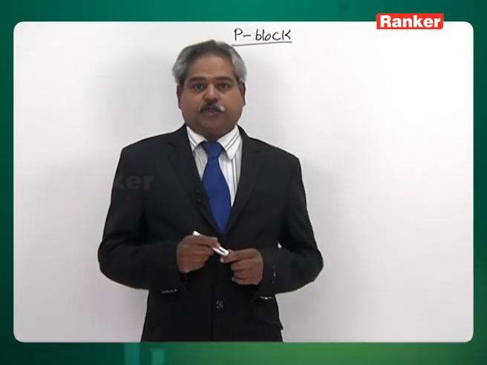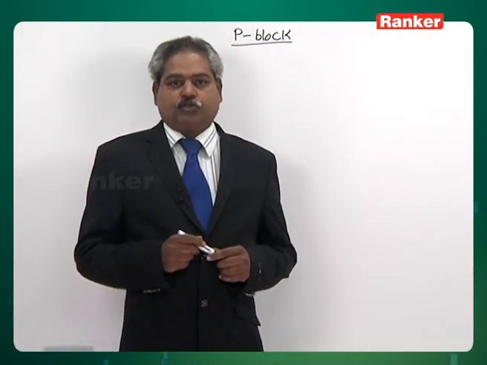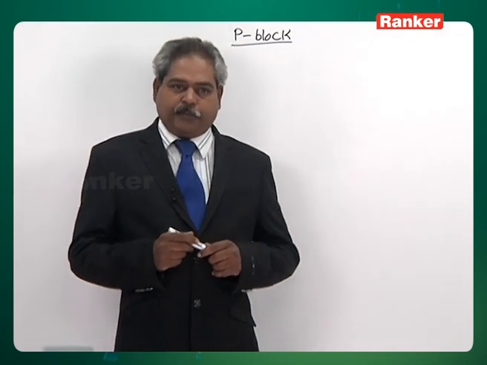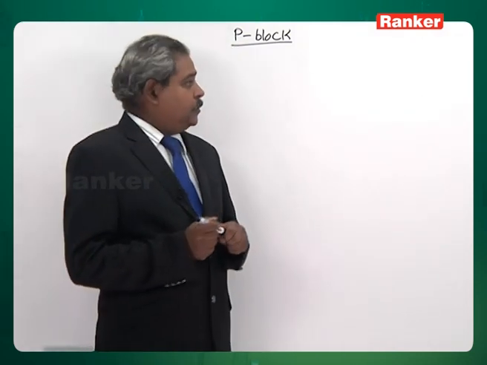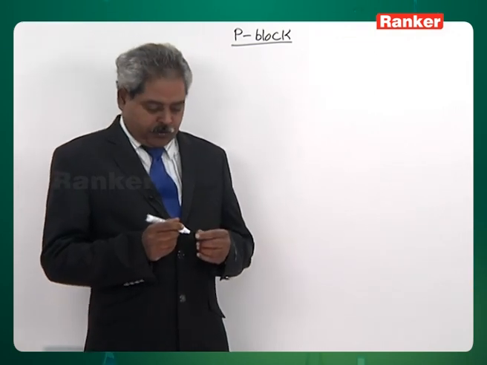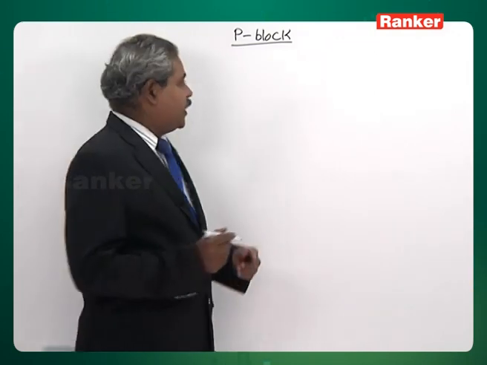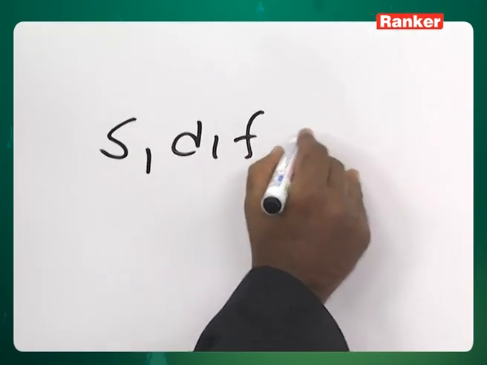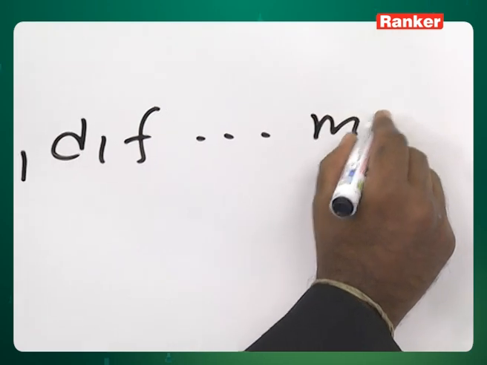Let us discuss one of the most important areas of chemistry, that is P block. You know, in the periodic table we have 4 blocks, S, P, D and F, and all S, D and F block elements are metals.